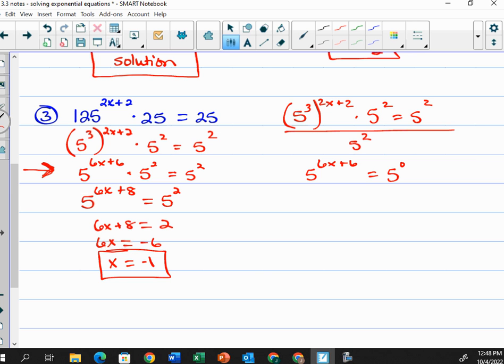You have to recognize that 1 is 5 to the 0 because you need that same base. So 6x plus 6 equals 0, 6x equals -6, x is -1. As long as one of those methods makes sense to you, we're good. Okay?